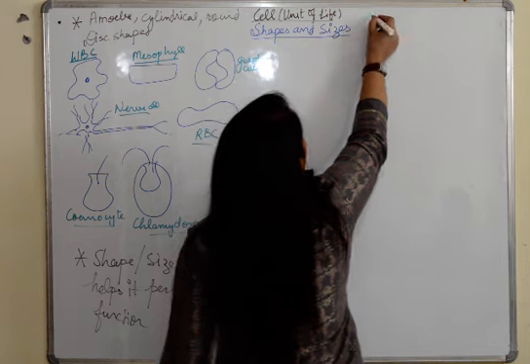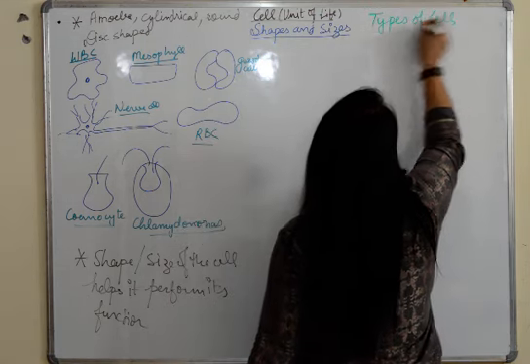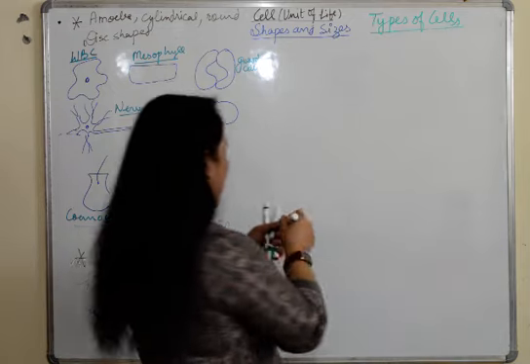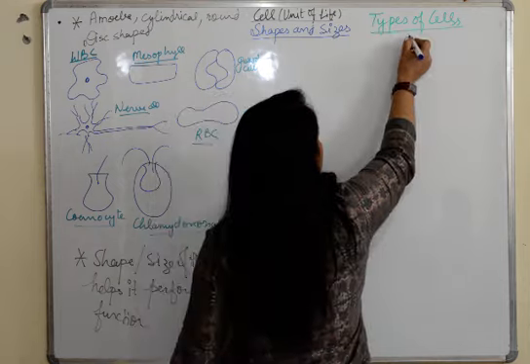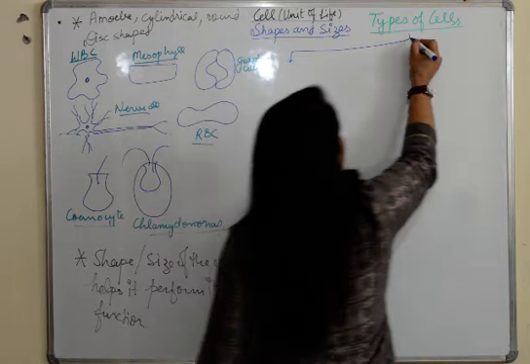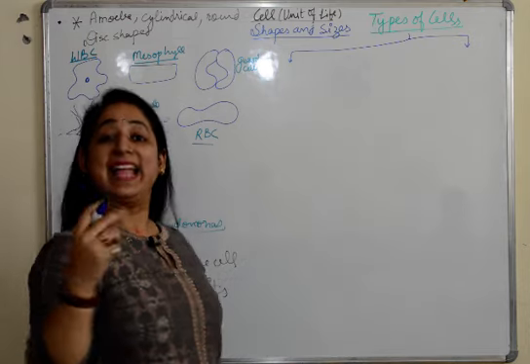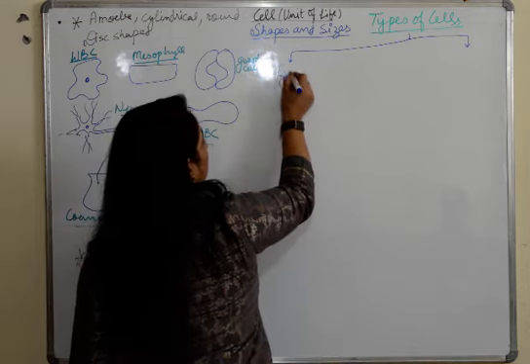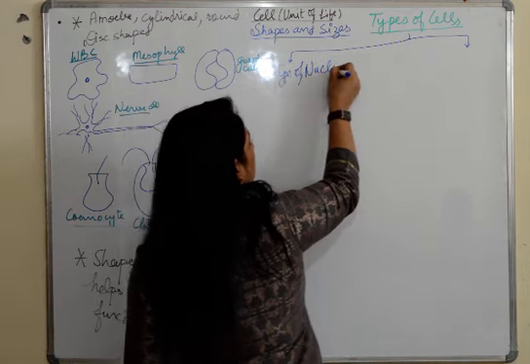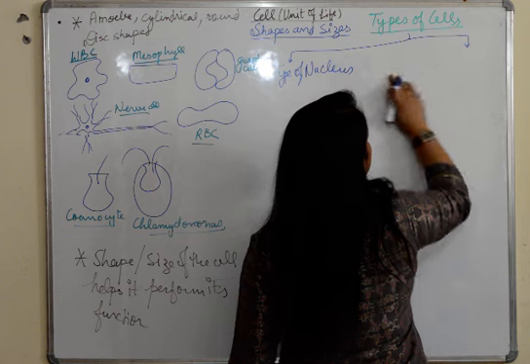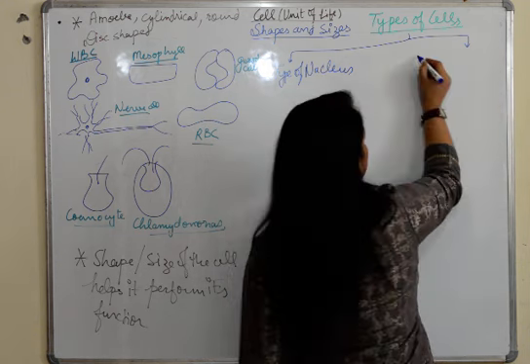Now we move to the different types of cells. The cells are basically categorized into two on the basis of, the first one is the type of nucleus, and the second is the single or multiple cells, or number of cells.